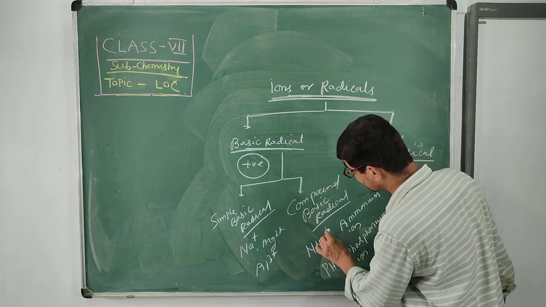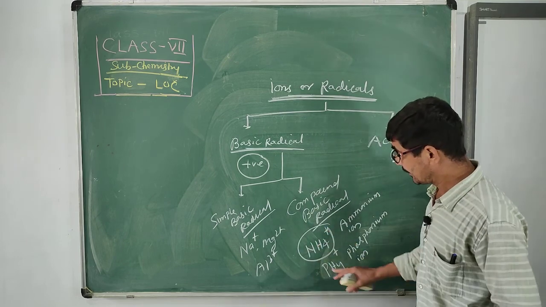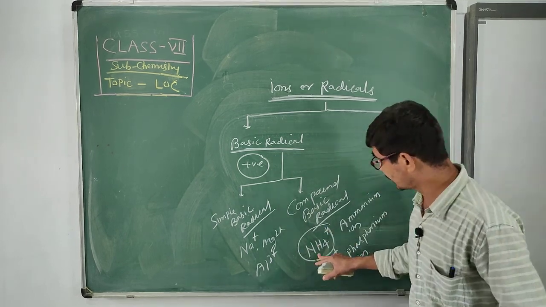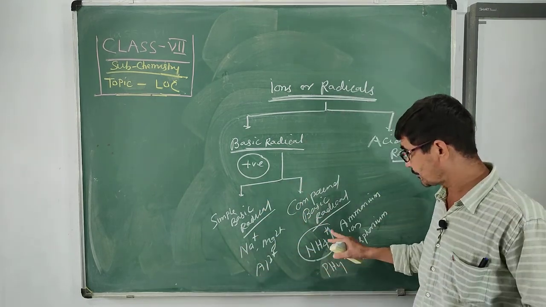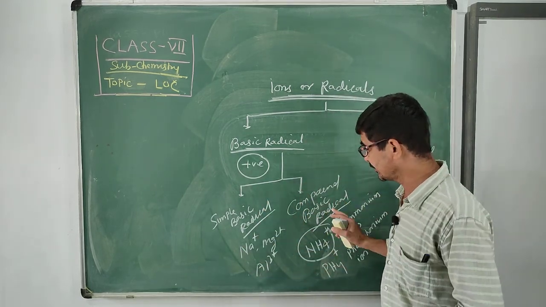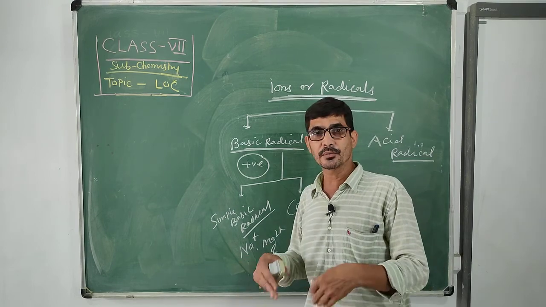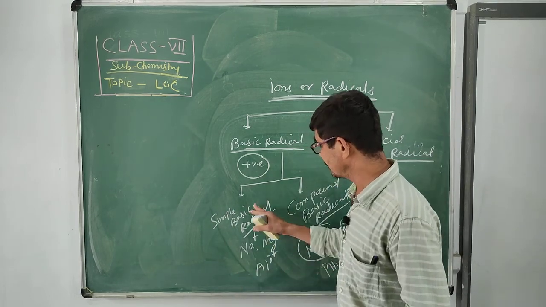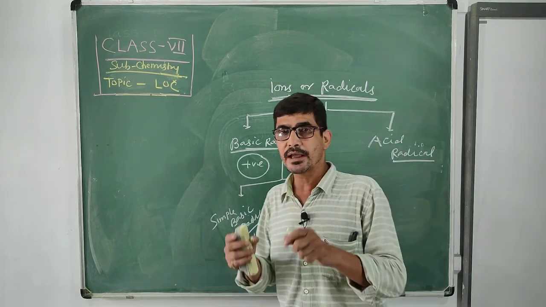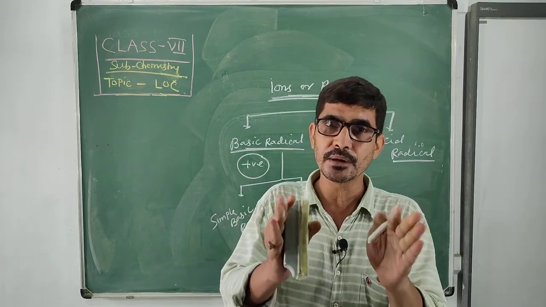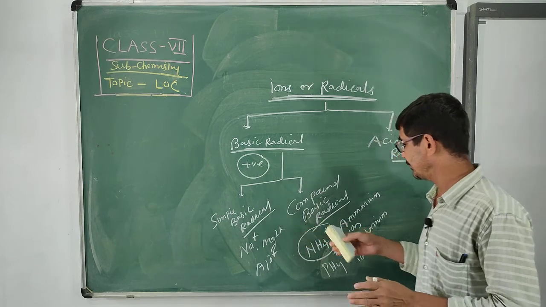Here it is not a single atom: one atom nitrogen, four atoms hydrogen, so altogether it is a group of atoms. Group of atoms having positive charge is called compound basic radical, and a single atom having positive charge is called simple basic radical.